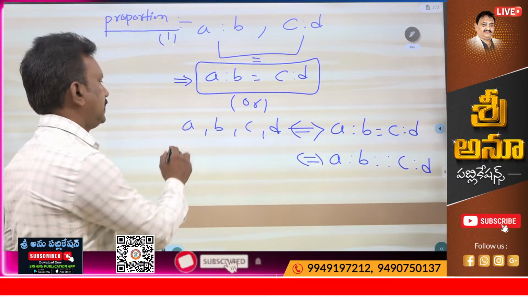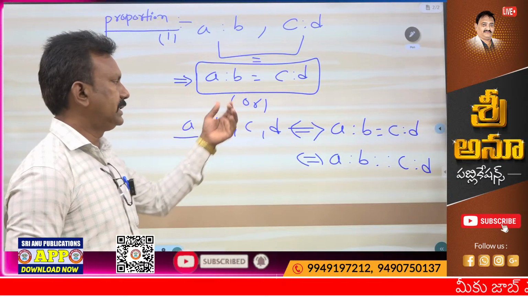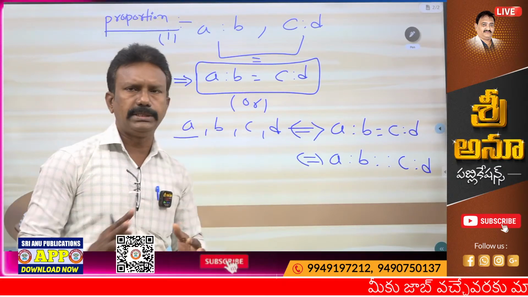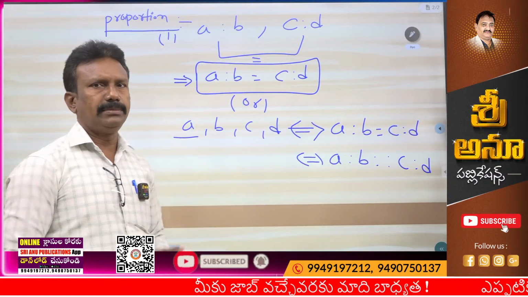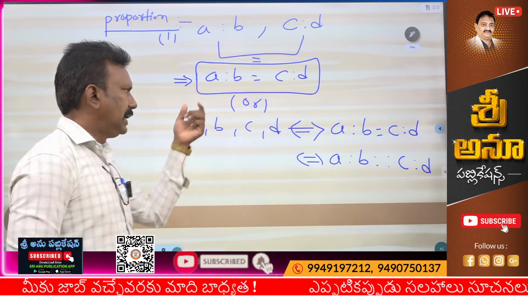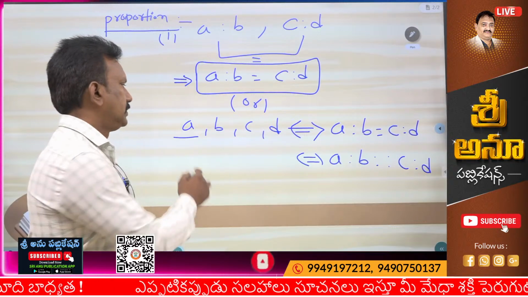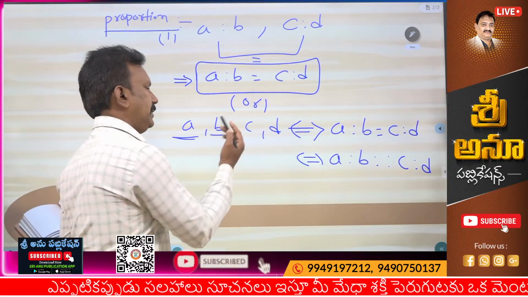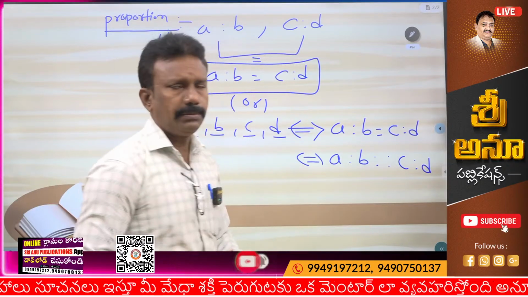The first one is called first proportional. In the proportion definition, we have four quantities A, B, C, D, where A is called the first term, B the second term, C the third term and D the fourth term. So A is first proportional, B is second proportional, C is third proportional, D is fourth proportional.